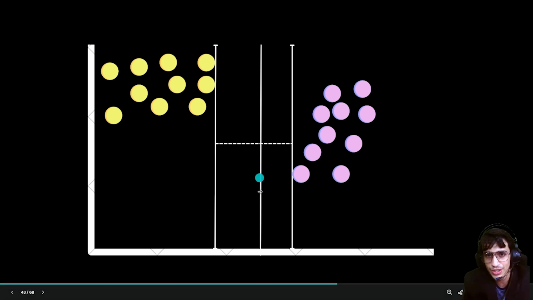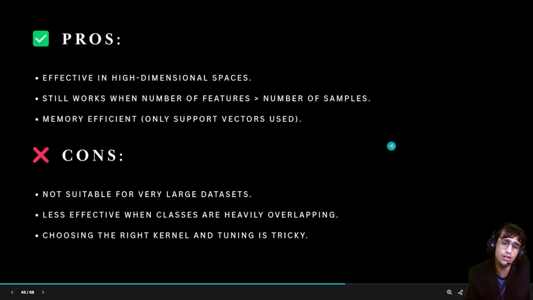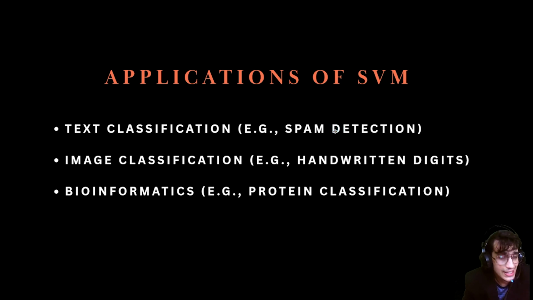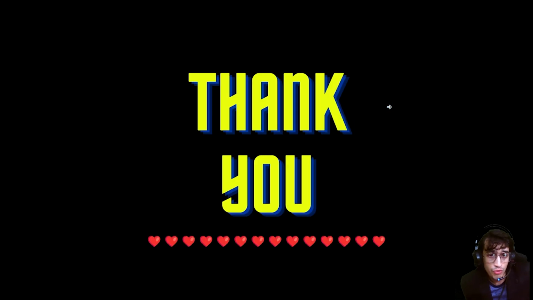You can see that only one line can separate these two, but in non-linear data we can't separate it by one line. How we can do it, and how we can code it, we will see in the next videos. The second video will be on non-linear data with SVM, and the third video will be on how to code these two.